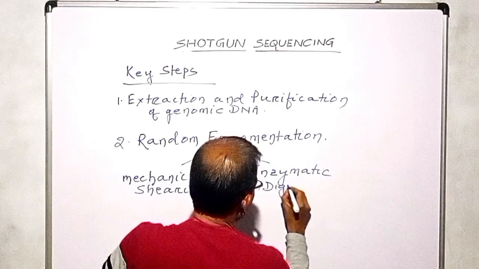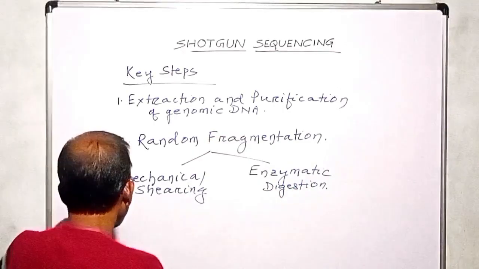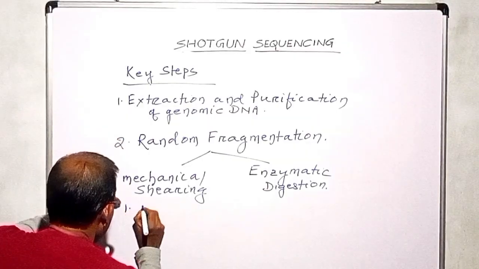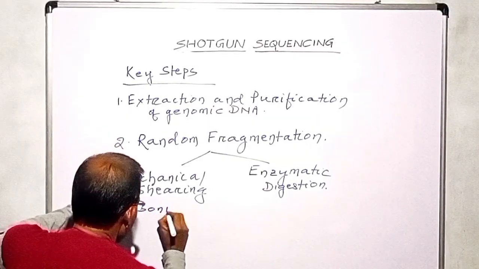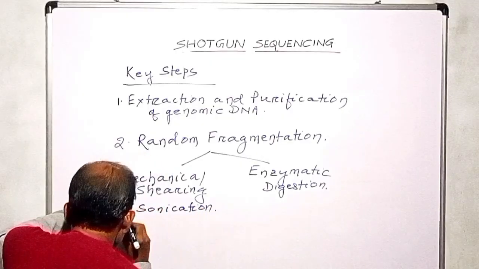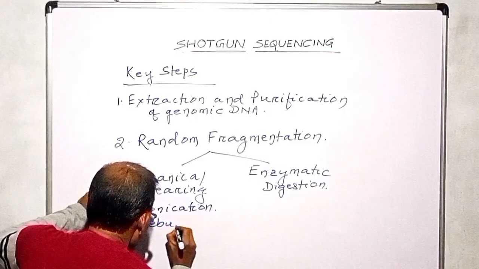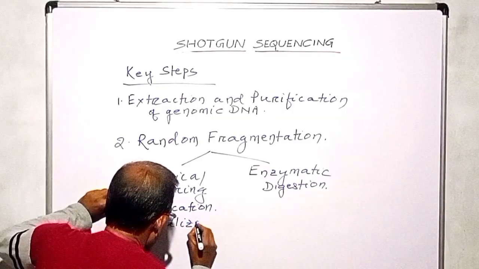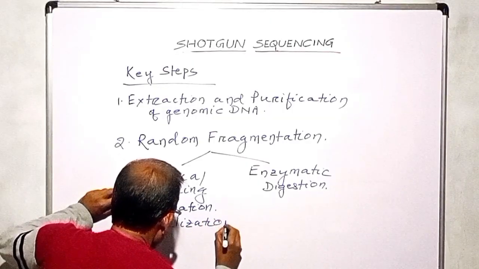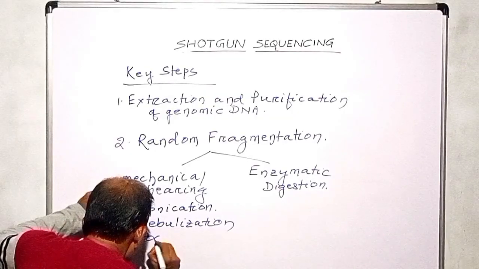Mechanical shearing can be done by different processes such as sonication, nebulization, and focused acoustic shearing.